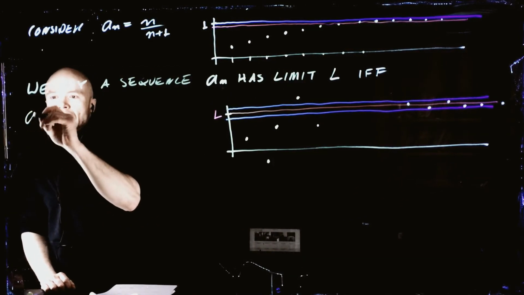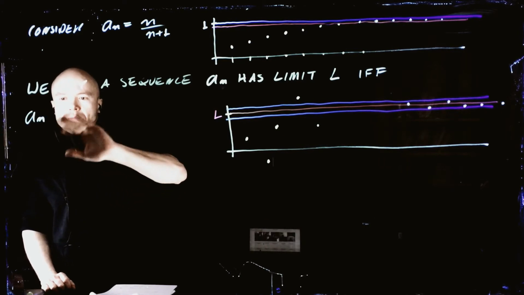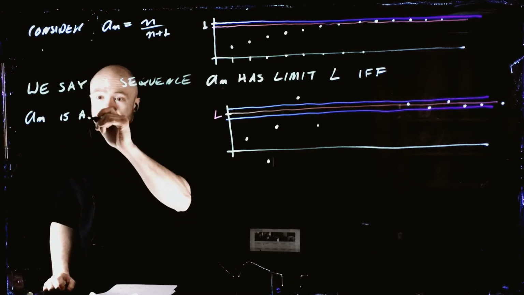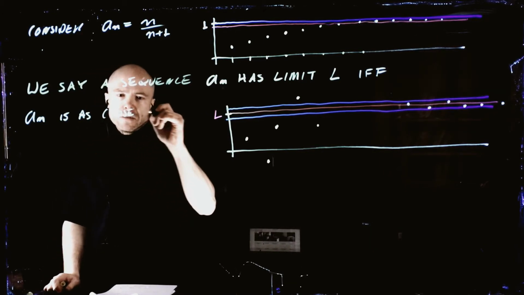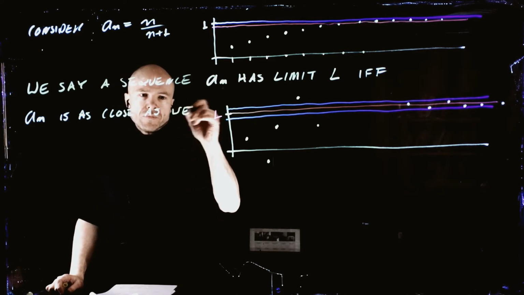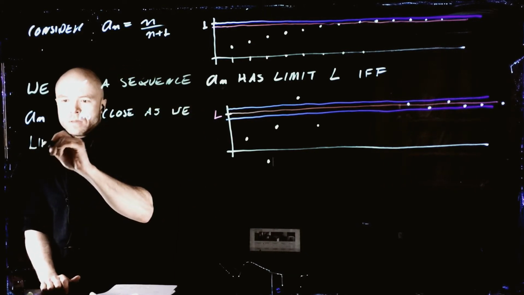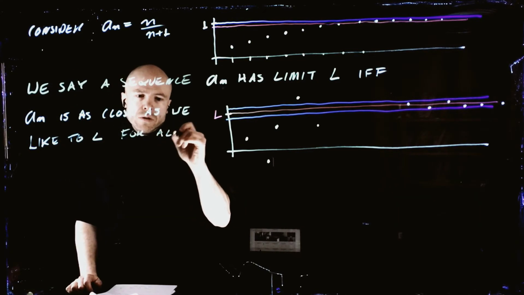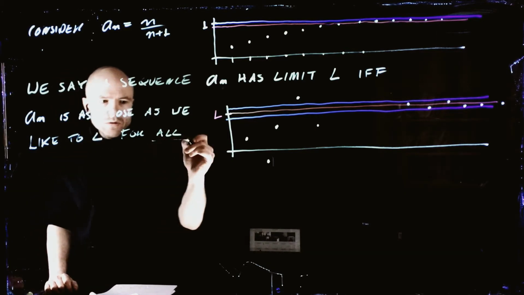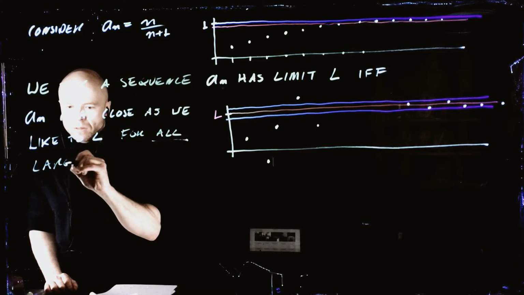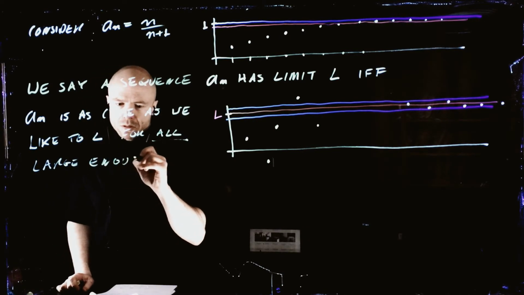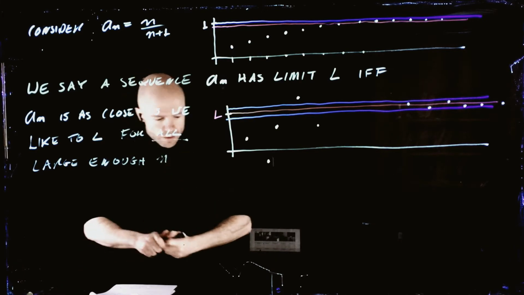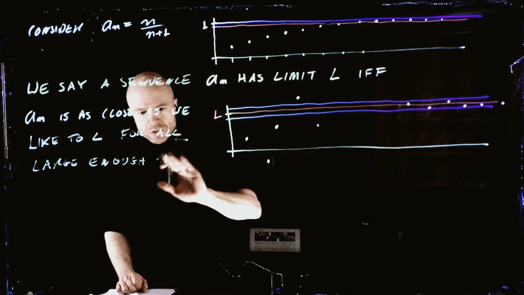Okay? So we write, an has limit L if and only if an is as close as we like to L for all large enough n. I'm going to use the language of words now instead of math. If you turn those words into a picture, it's exactly this picture.